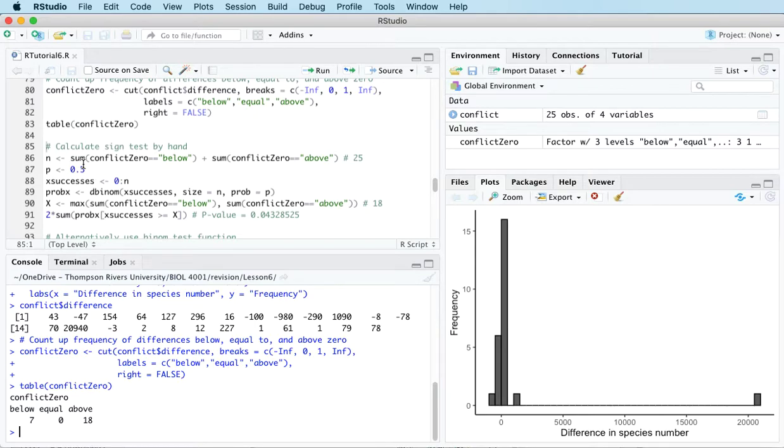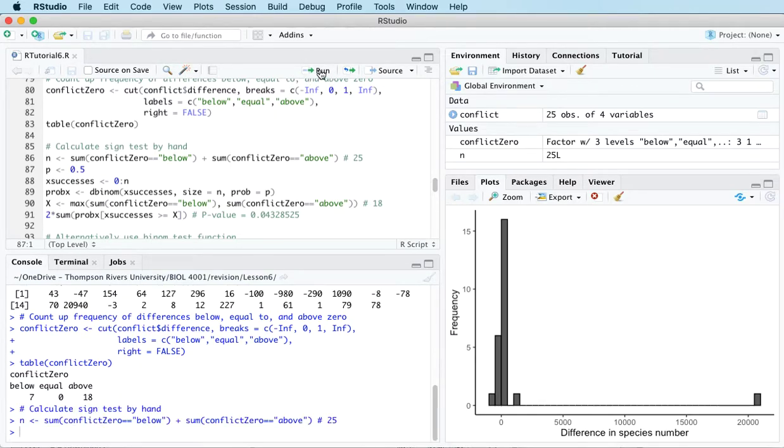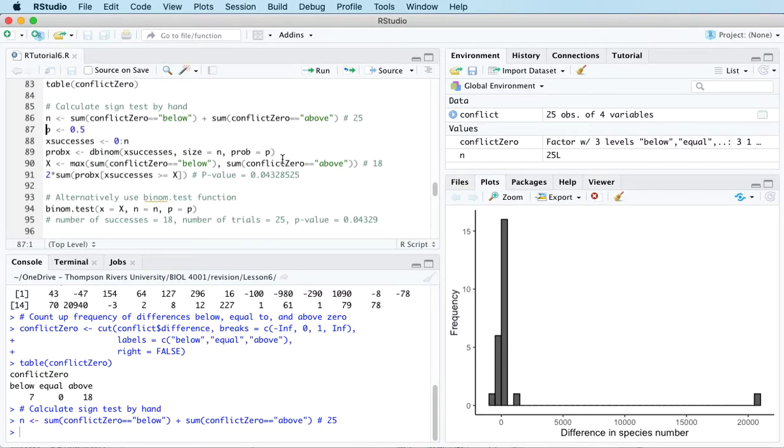Okay, the next step is to add up the number of negative differences and positive differences. If we did have any 0 differences, we would discard those, and they don't become part of the analysis. So n is the sum of 7 plus 18, and then this test works like a binomial test.